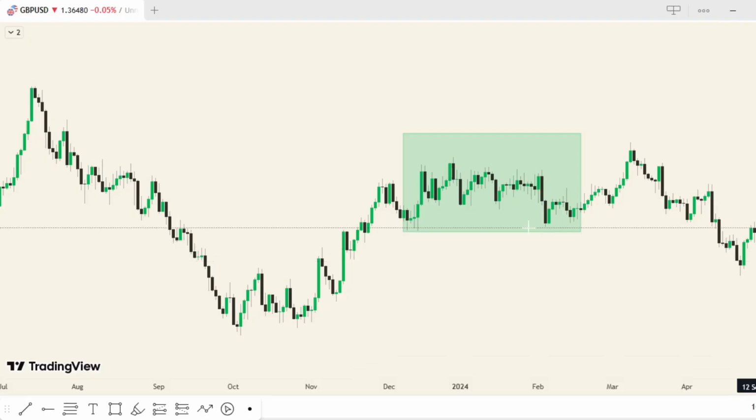What you see is the market being in a consolidation phase. When the market is in the range or consolidation phase, neither the buyers nor the sellers are in full control of the market at this time. Their strength is equal.